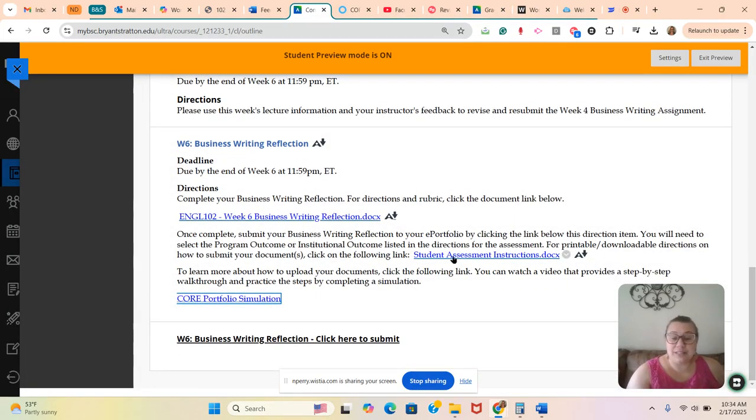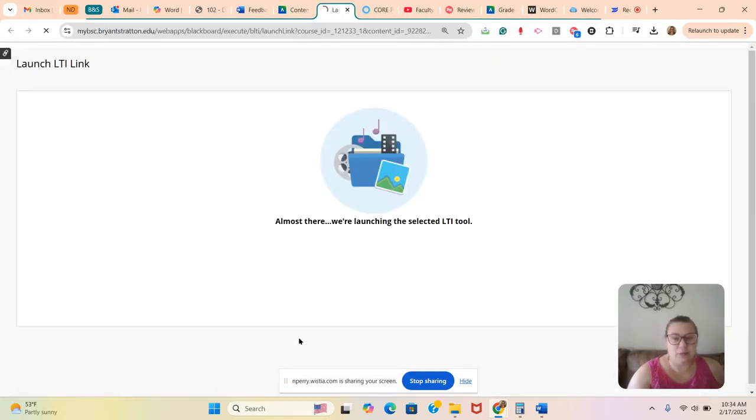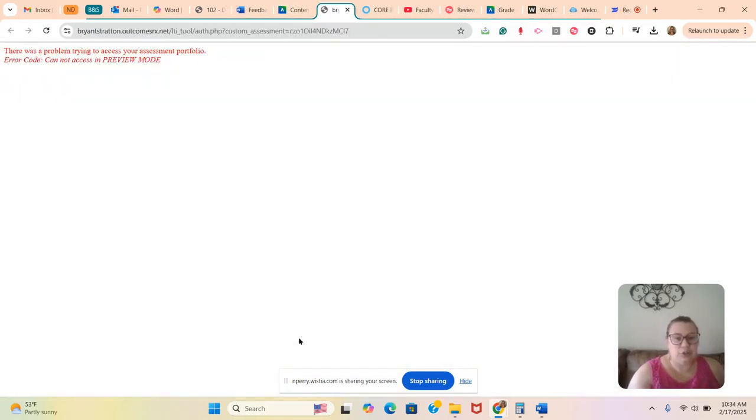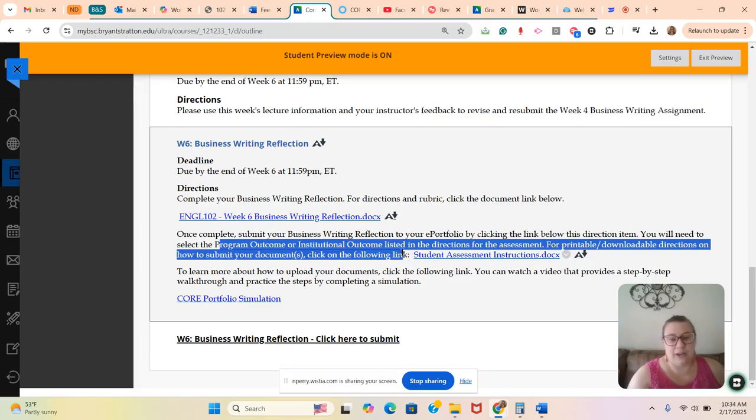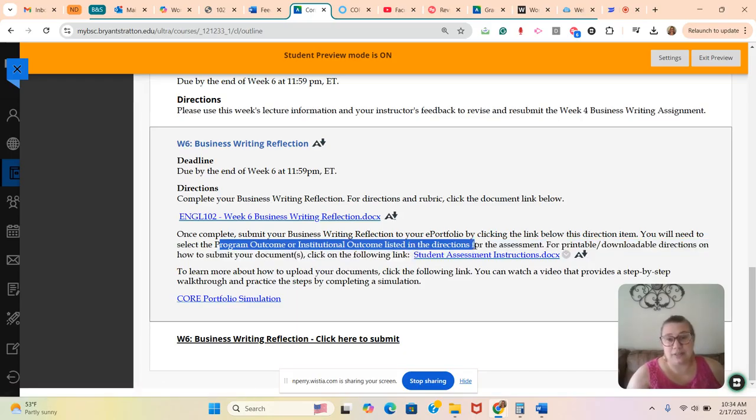So when you actually submit it, you are going here. You're just clicking there to submit. It will bring you to, because I'm not actually a student, that's probably the reason why, because it's in preview mode, but it'll bring you actually there. One thing is it is going to ask you to select the program outcome or institutional outcome listed in the directions.